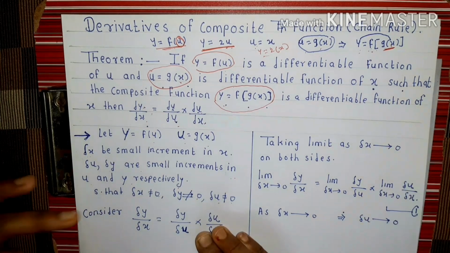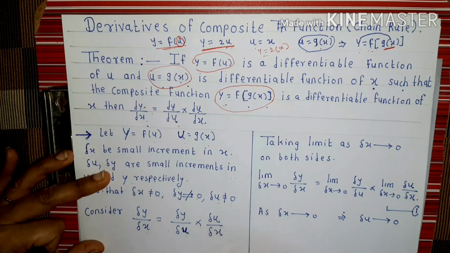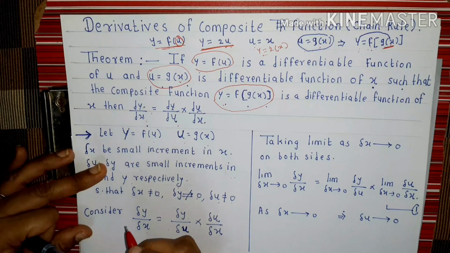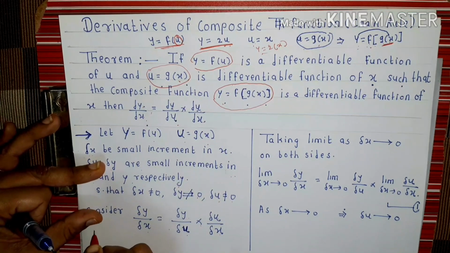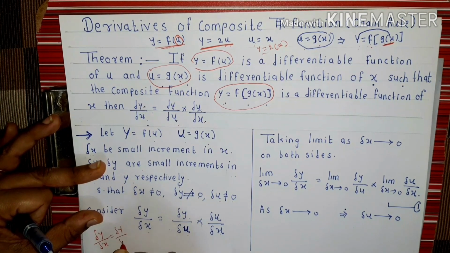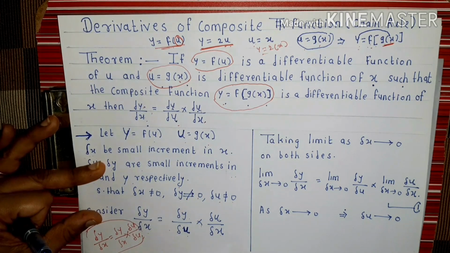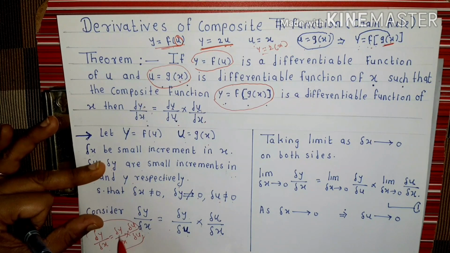Consider delta y upon delta x equal to delta y upon delta u into delta u upon delta x. See students, delta y upon delta x is delta y upon delta x.